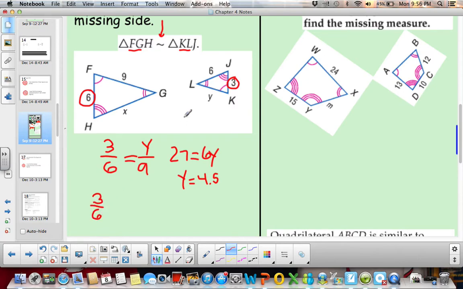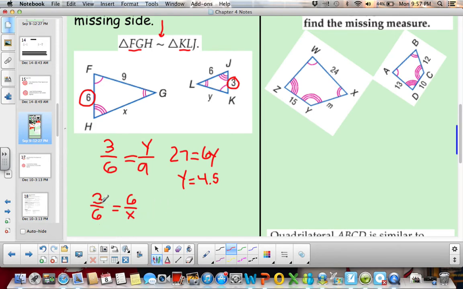We can use 3 and 6 again. This time we know that now we're looking for x, and we know that LJ corresponds with GH. So I put my 6 on the top, and I put my x on the bottom because 6 is my small triangle. My smaller triangle numbers are on the numerator, and my bigger triangle numbers are on the denominator.